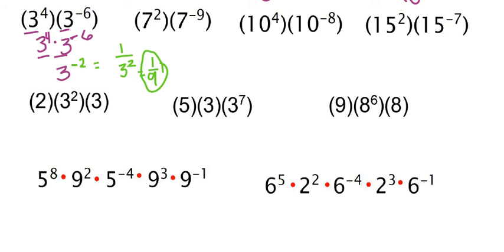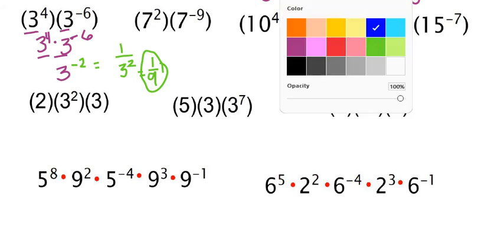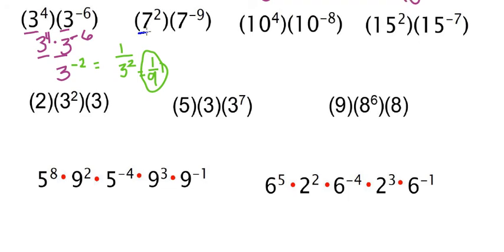All right, so let's look at this next one. So again, in this problem, you're just multiplying like bases. These parentheses are just saying you're multiplying 7 squared by 7 to the power of negative 9. So because we're just multiplying like bases here, I keep my 7, and I add my exponents. So 2 plus negative 9, we know it's going to be negative because negative 9 is bigger.